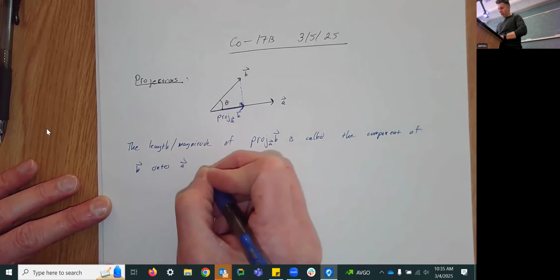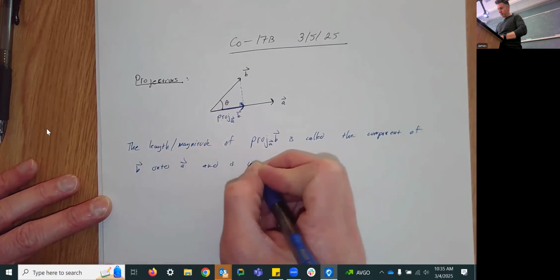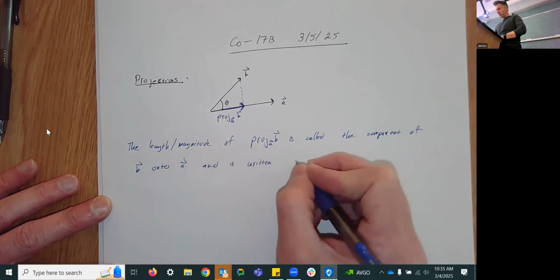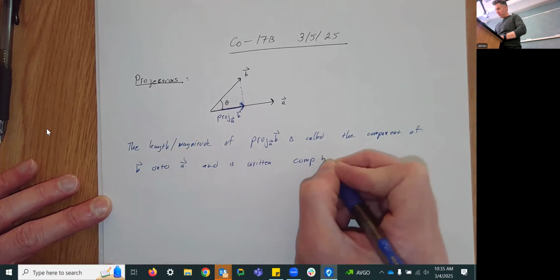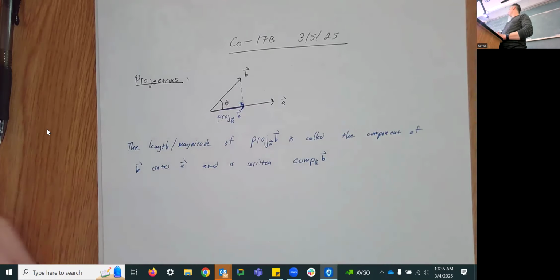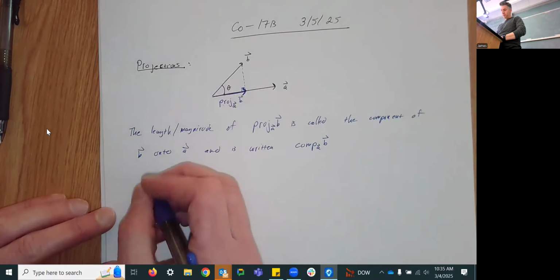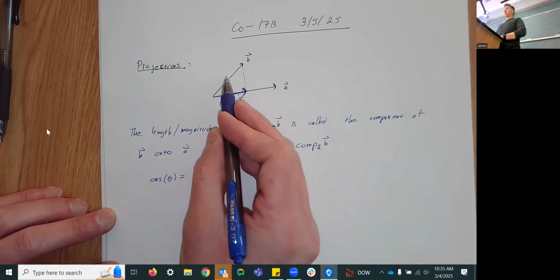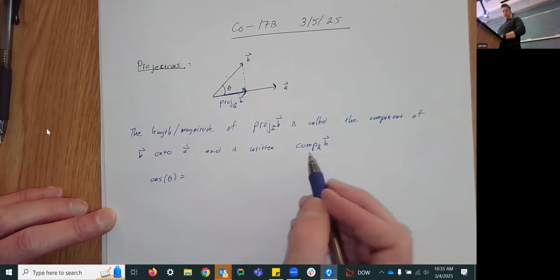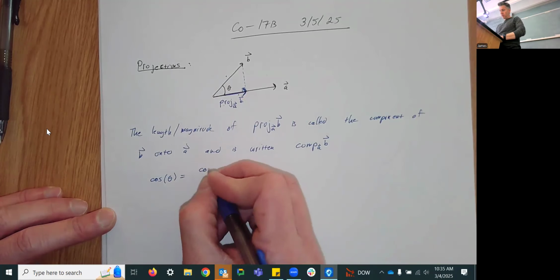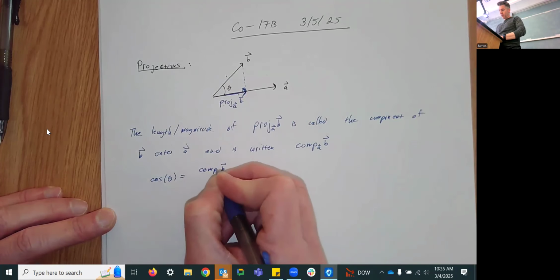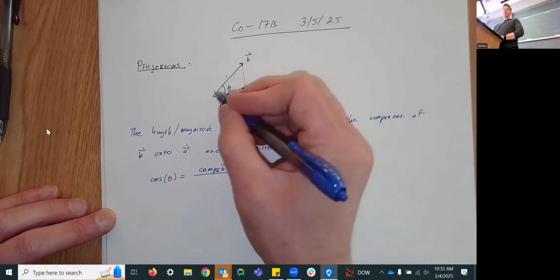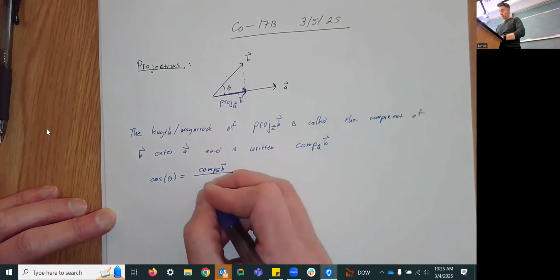It's written with the same sort of notation, comp of B onto A. So that's what we're going to find first, just the length. And to find the length, we're just going to use some trigonometry. The cosine of the angle theta is equal to the adjacent over the hypotenuse, which is the component of B onto A, divided by the hypotenuse, which is the magnitude of B.